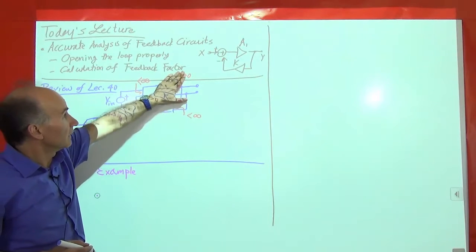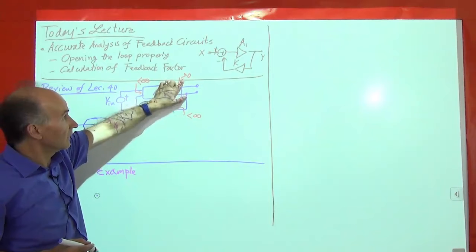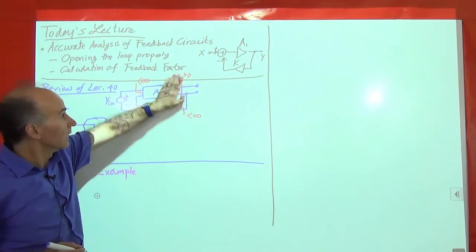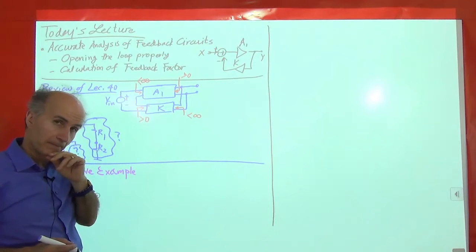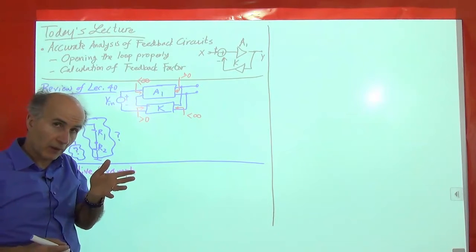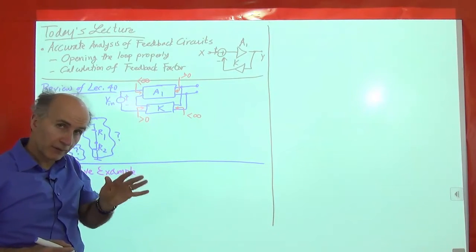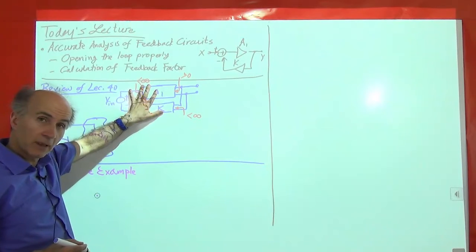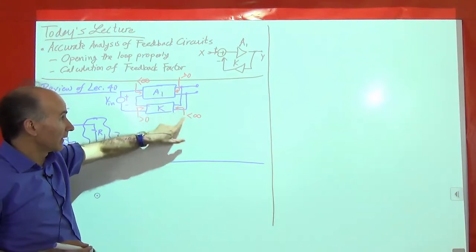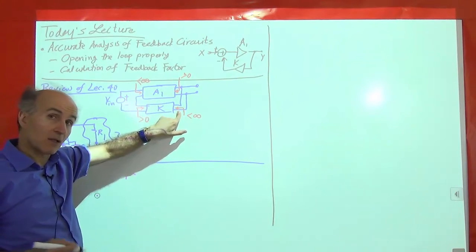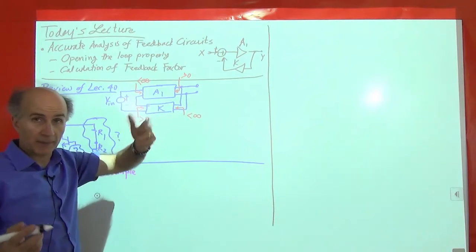Okay, so meaning this is greater than 0 and this is less than infinity. So we don't have the ideal case here and we don't have the ideal case here. All right, so let's try to find the closed loop voltage gain of the circuit when this output impedance is not 0 and this input impedance is not infinity. All right, we'll see what happens, right?